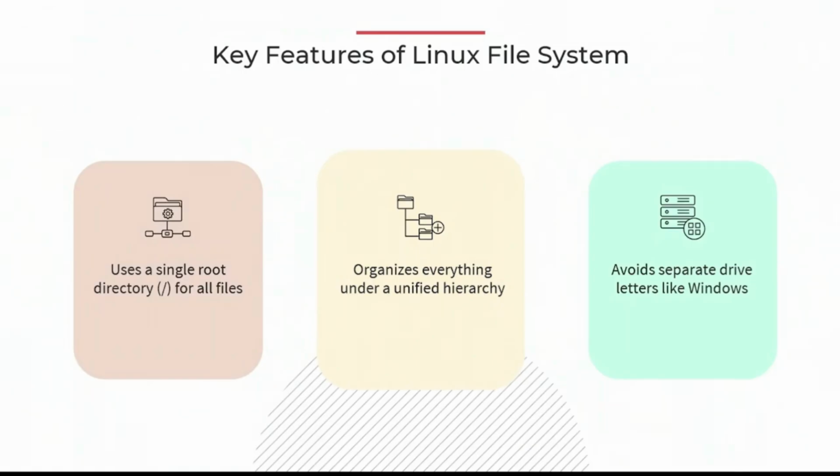This is very different from Windows, which uses separate drive letters such as C, D, and so on. For example, in Linux, the main system configuration files are in /etc, user-specific files are in /home/username, and logs are stored in /var/log. This structure helps admins keep things organized and predictable, which is why it's part of the RHCSA exam.